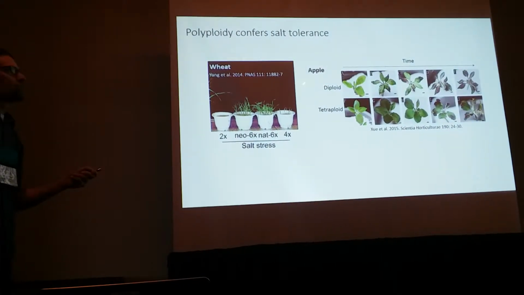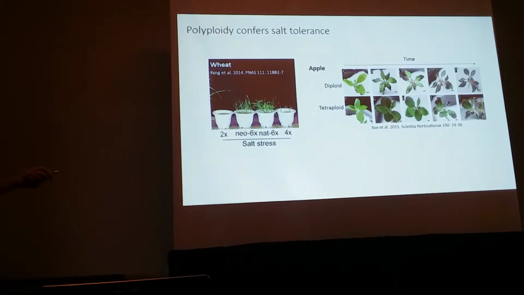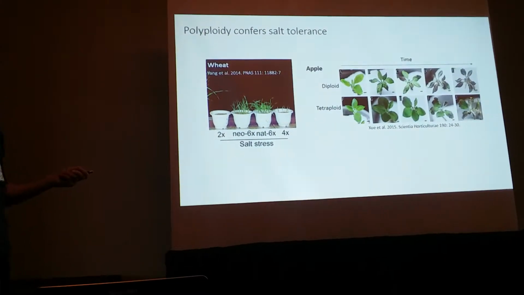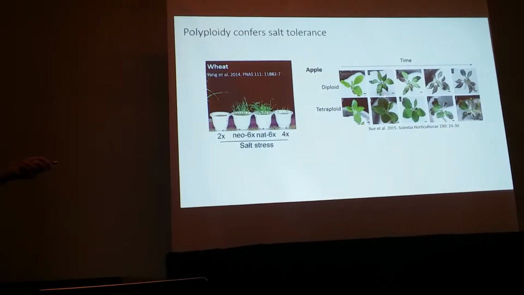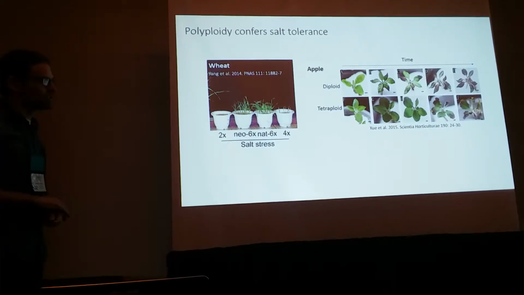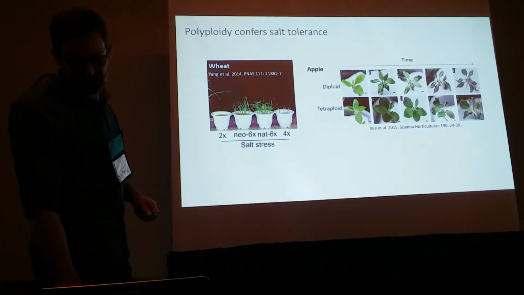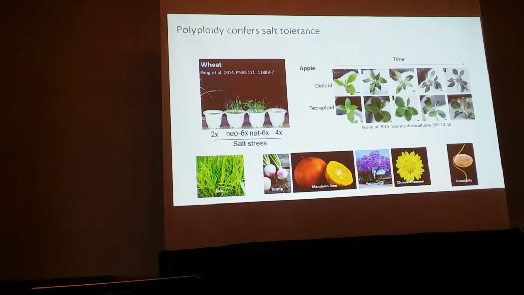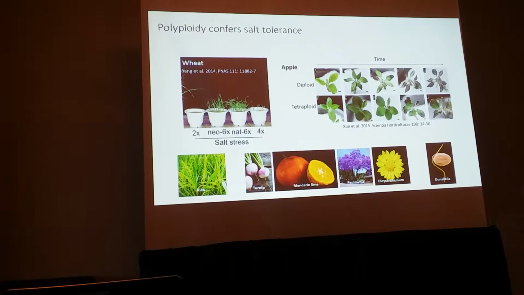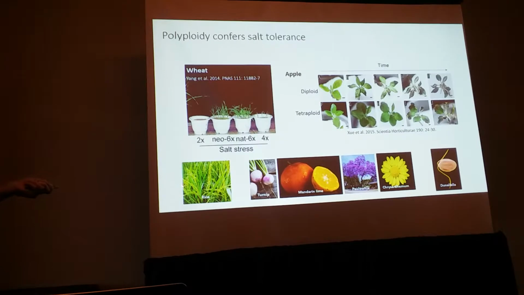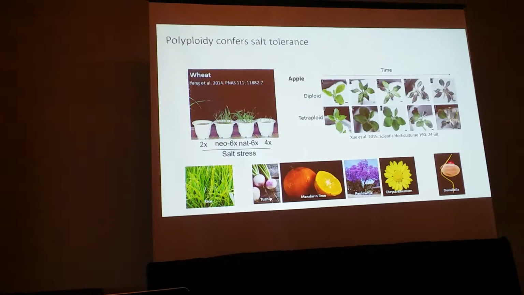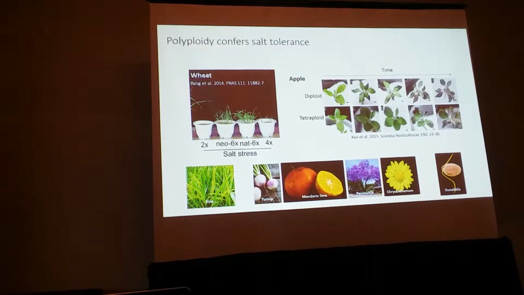And then this study of autotetraploid apple found that the tetraploid seedlings had a delay in necrosis and a less severe accumulation of necrosis over time under salt stress. And just to give you a sense of the range of taxa that this polyploid phenotype has been demonstrated in, these are a few examples down here, including a monocot, a number of different dicots, and even a chlorophyte green alga.